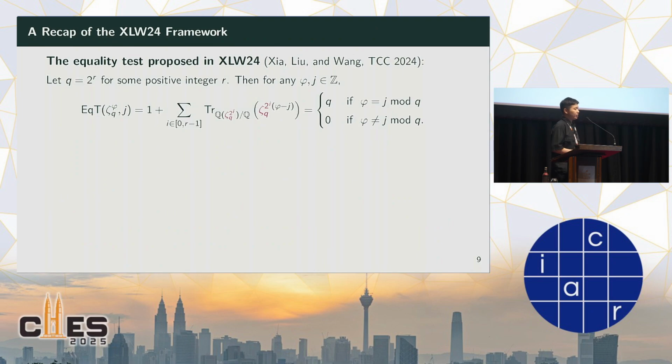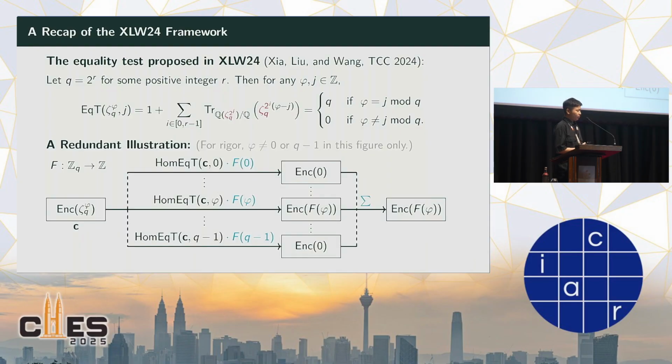So let me just give a brief recap of our original framework proposed in TCC 2024. In that work, we propose the equality test using the trace sum over all the cyclotomic subfields. Let me give a redundant illustration of how it works.